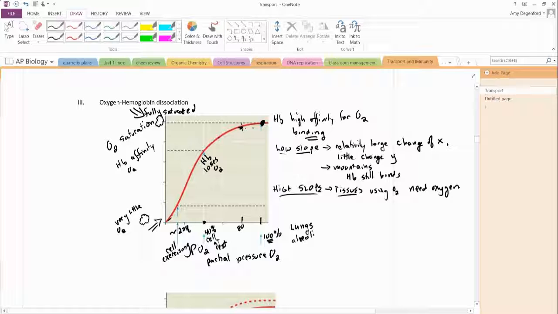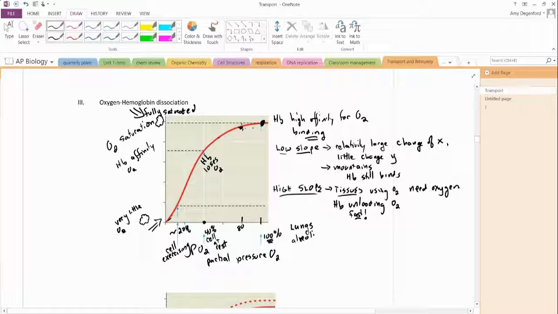The oxygen unloads. So hemoglobin starts unloading the oxygen, and it does so pretty quickly. And that is represented by the slope change. So this S-shaped slope is very, very important. So it unloads the oxygen and unloads it relatively fast.